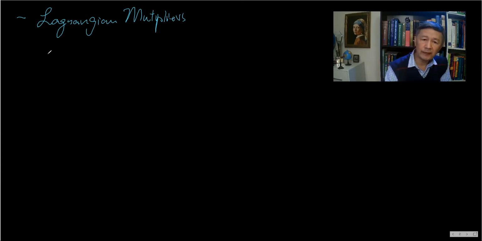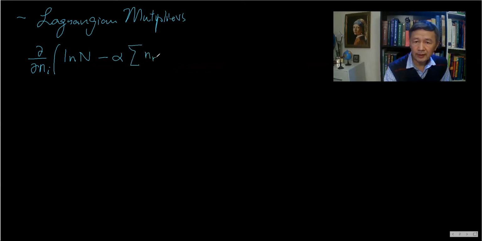So instead of just considering the first derivative of log N with respect to the ni, that is the first term, log N, we have to put in two linear terms. One is alpha multiplied by one constraint. That constraint is the sum of nk, with k from 1 to r.